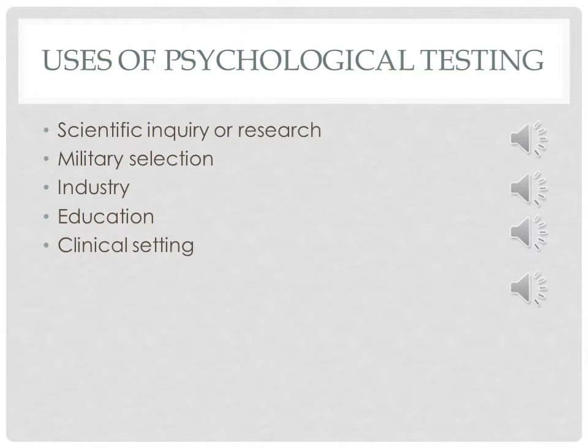And the other use of psychological tests is military selection. We already discussed recruitment in the first areas. A closely related application of psychological testing is found in the selection and classification of military personnel.